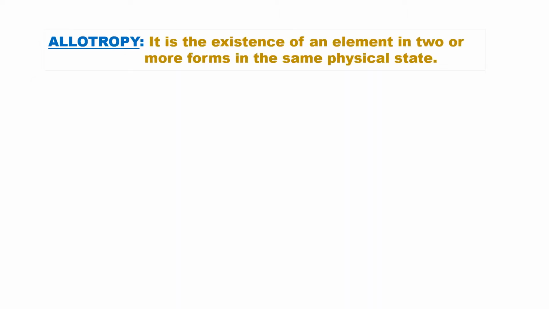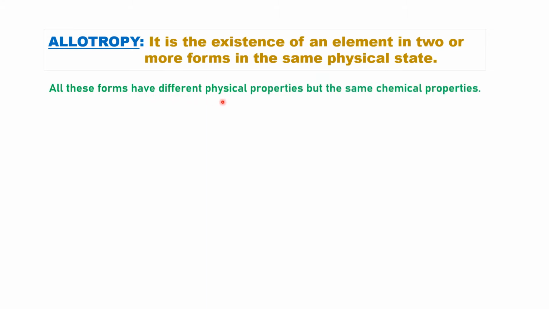What is allotropy? It is the existence of an element in two or more forms in the same physical state. All these forms have different physical properties but the same chemical properties, as all these are made with the same element.